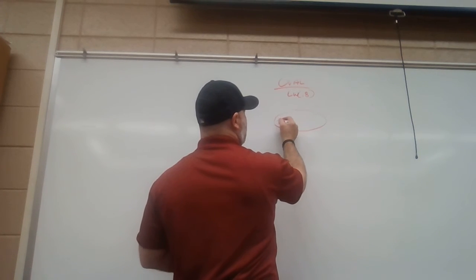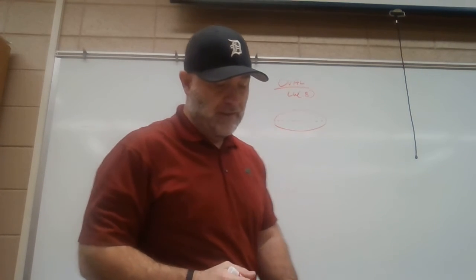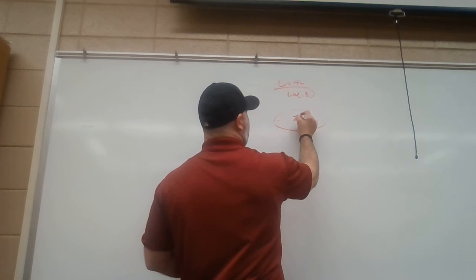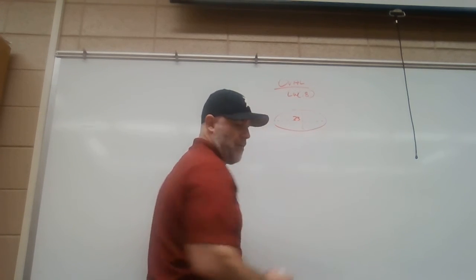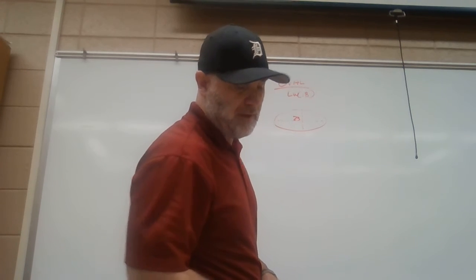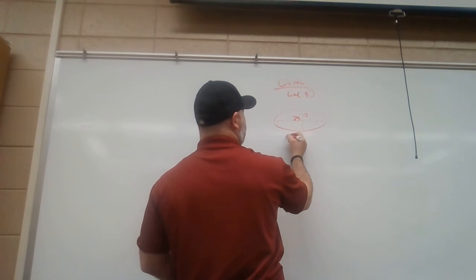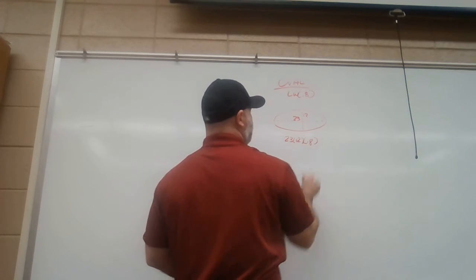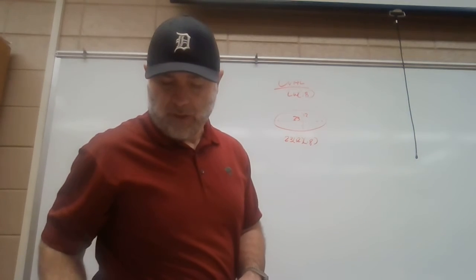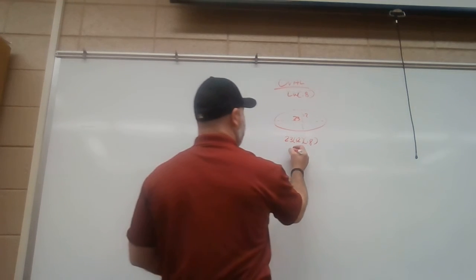So the length of this oval is 23 feet, and the width of the oval is 12 feet. So length times width, 23 times 12 times 0.8. 23 times 12 is 276.